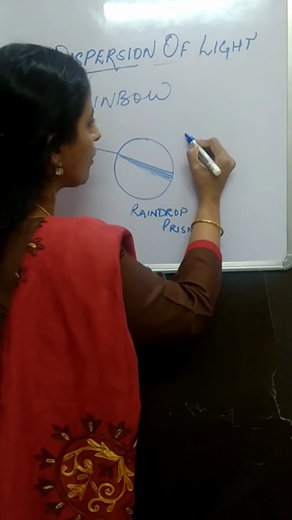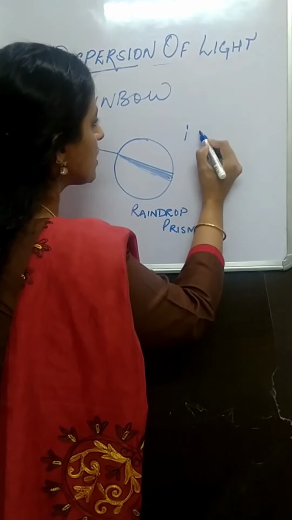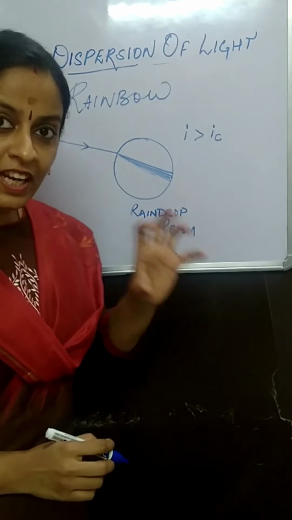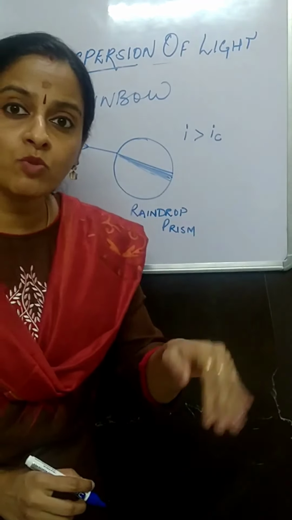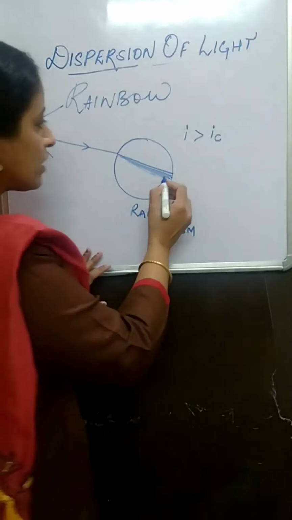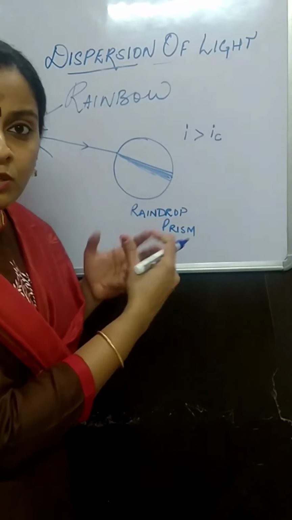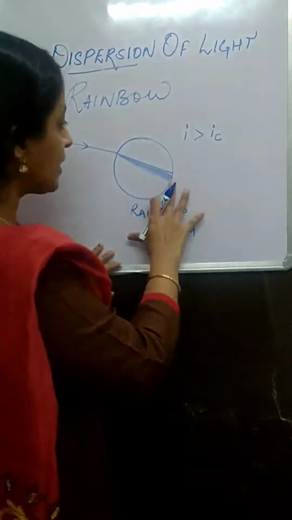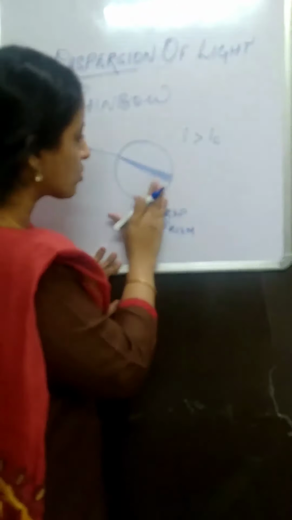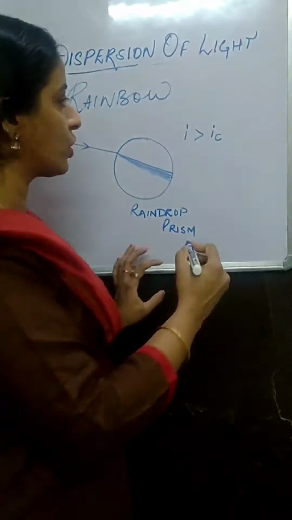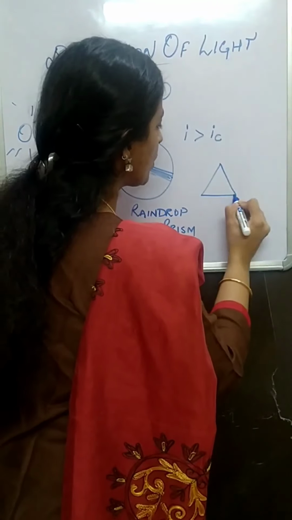At a particular angle of incidence, when it becomes more than the critical angle, instead of these different colors going outside... In a prism, what did you see?